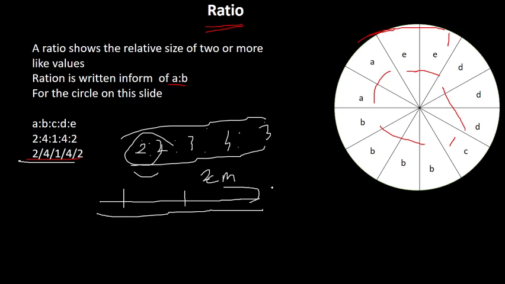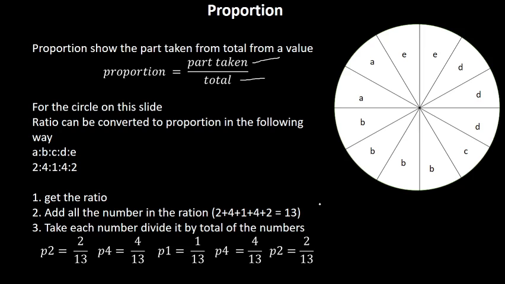Are you getting me now? So the proportion will be equal to what? Total length taken by 2 centimeters divided by overall length, which is equal to 9 plus 4, which is 13. So therefore, before you can calculate proportion, you must see the total and you must see the part taken. Proportion is part taken from total.